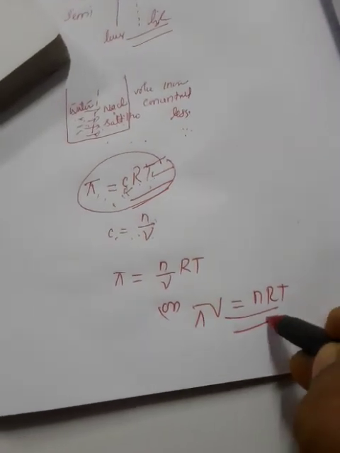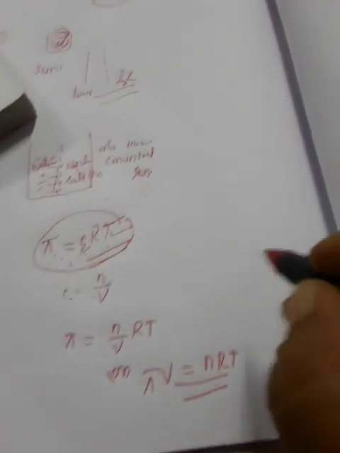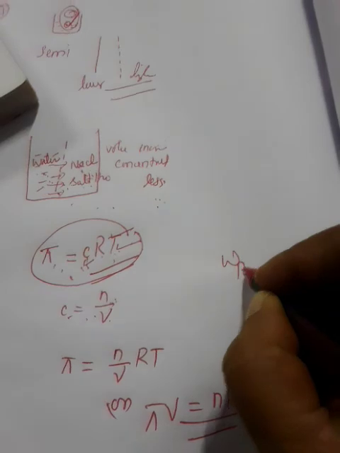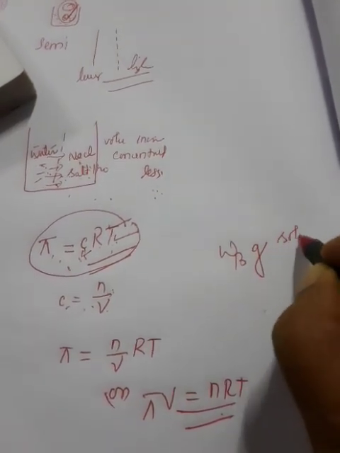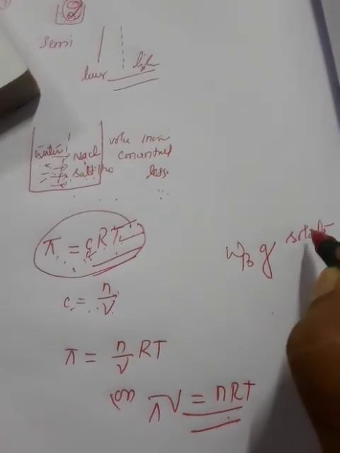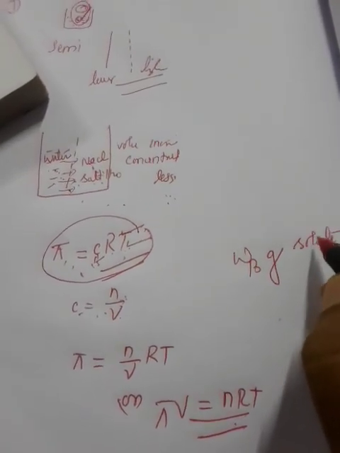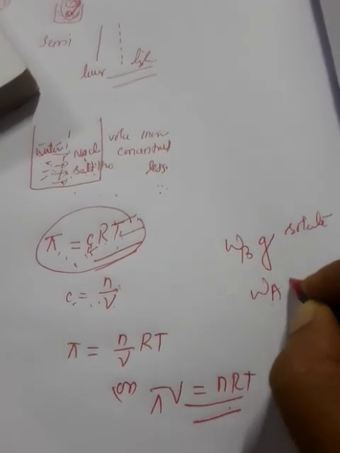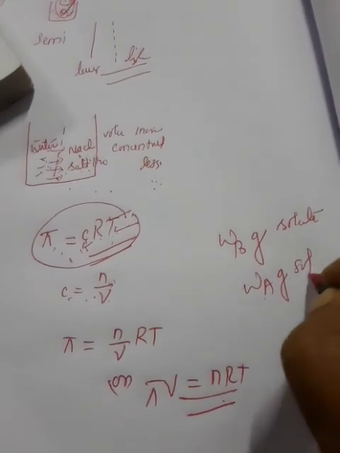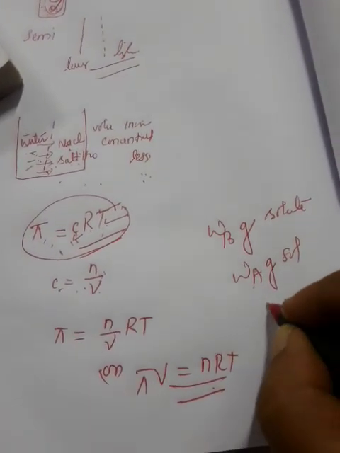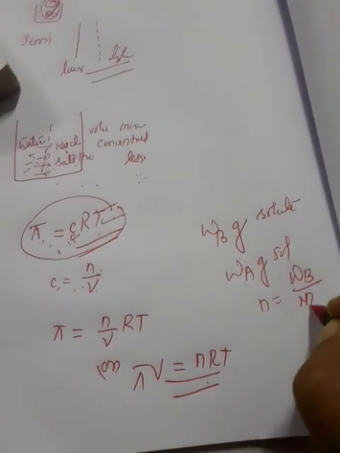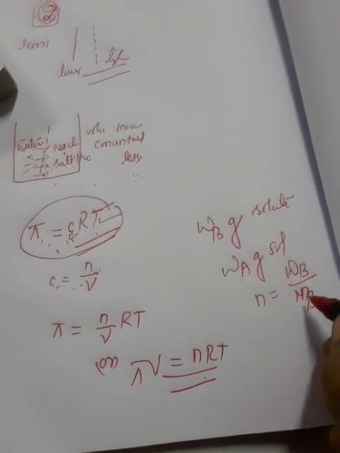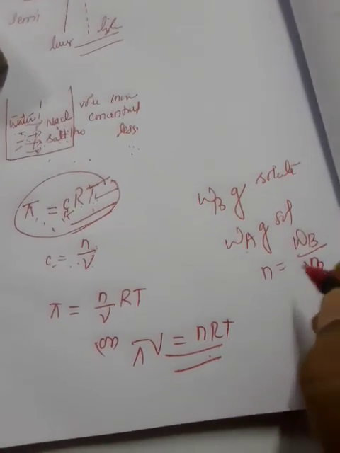If the solution is prepared by dissolving Wb grams of non-volatile solute, non-volatile meaning which cannot easily evaporate, in Wa grams of solvent, then the number of moles n is equal to Wb by Mb.